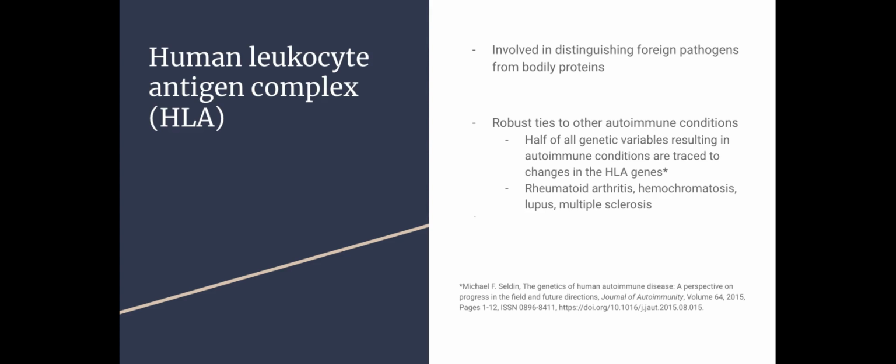So this is a hotbed for the development of autoimmune conditions. The conditions included rheumatoid arthritis, hemochromatosis, which is iron overload, lupus, and multiple sclerosis, right? All of these conditions where the body's immune system is perceived to have attacked itself tie back to the HLA complex.